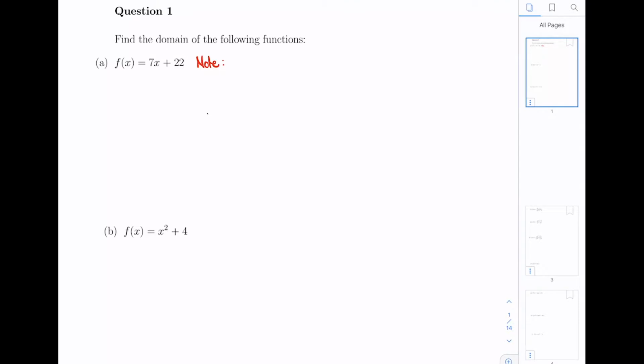So here we want to note that f of x is a linear function, okay? Right? And what is a linear function? A linear function is a function of the form f of x equals mx plus c, okay?